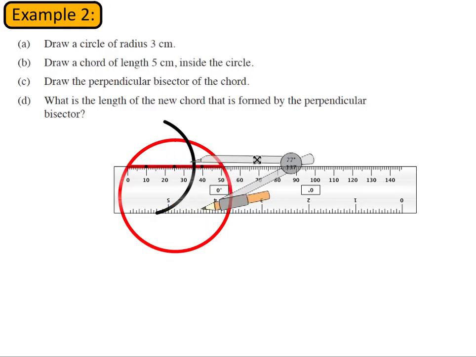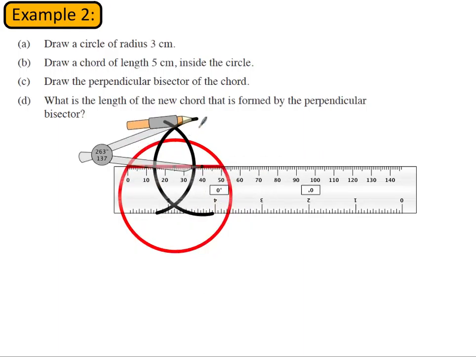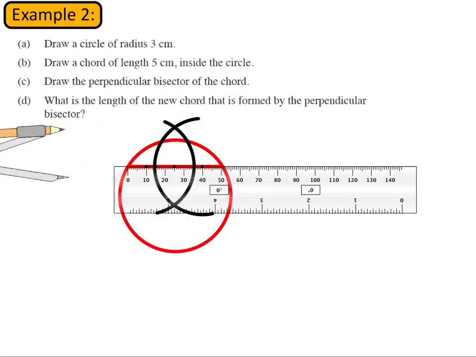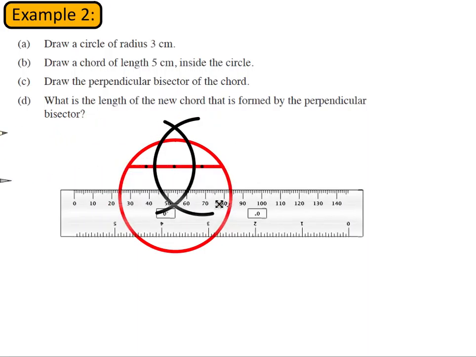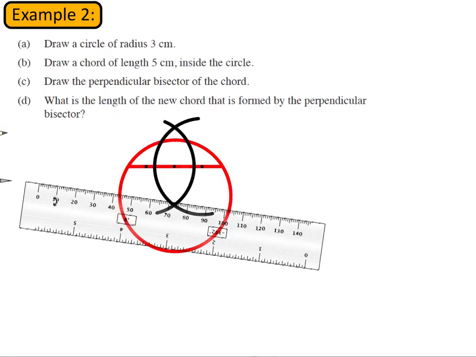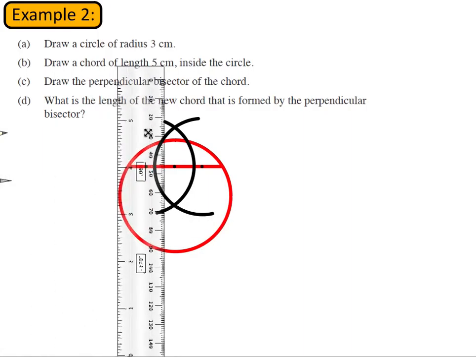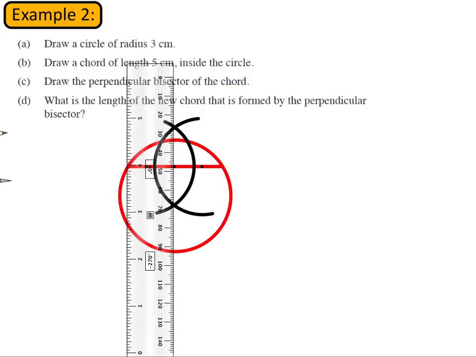So once from there, and moving to the other side, put that there, and again there. And now, if we remove the compass, we can join those up together. And that is going to be our perpendicular bisector.